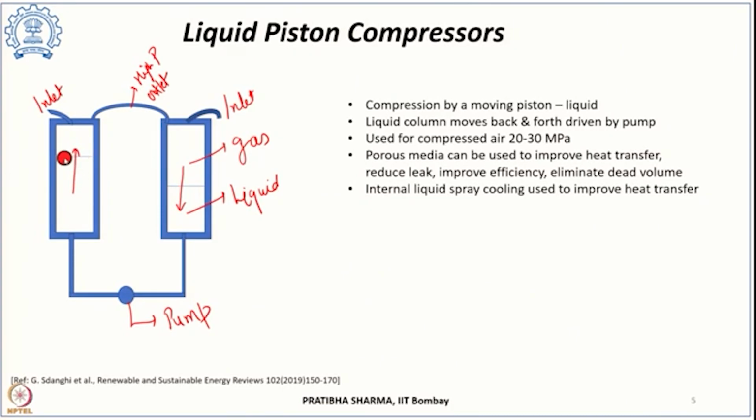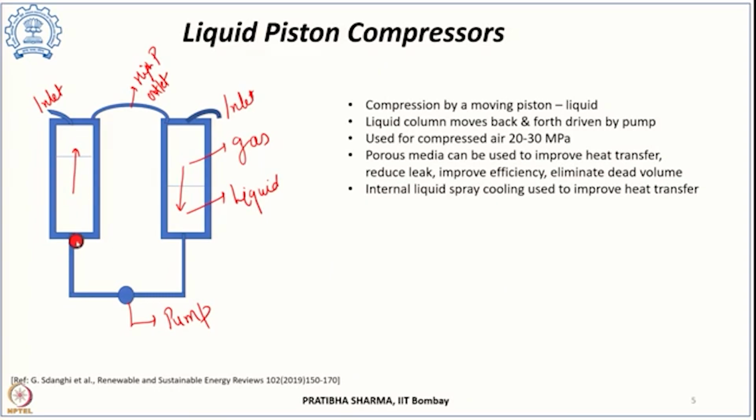Now, this movement of liquid inside these liquid piston compressors is achieved by means of a fluid pump. During one of the strokes, when low pressure gas is taken in, the pump drives the fluid to the other chamber, so that gas is taken in during the suction stroke, while the reverse happens in the compression stroke.